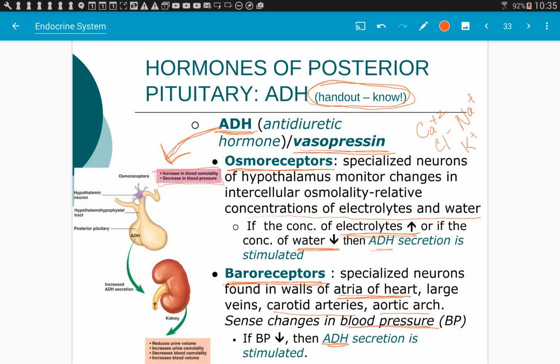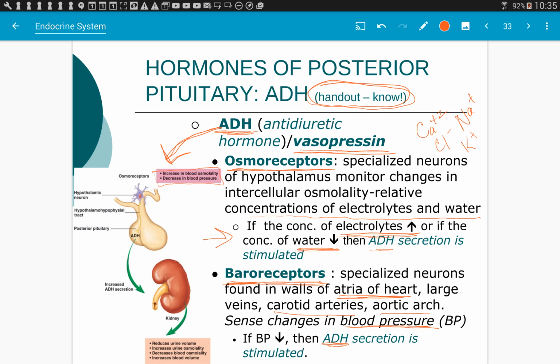So either you have an increase in blood osmolality, so an increase of concentration of solutes, of electrolytes, okay? Or there's a decrease in blood pressure, which essentially when you're saying there's a decrease in blood pressure, usually the cause is there is not enough water in your system, okay? Which is what it says over here.